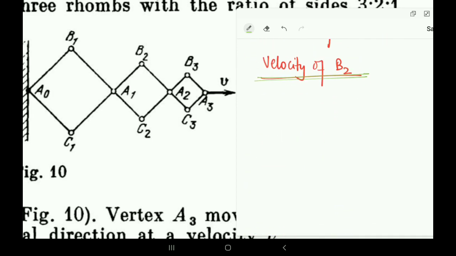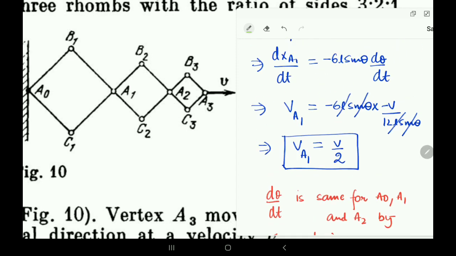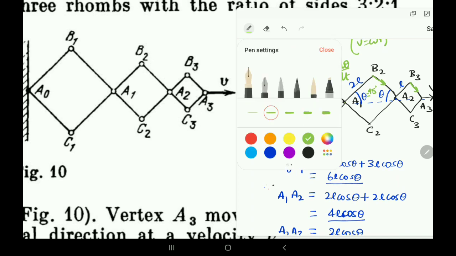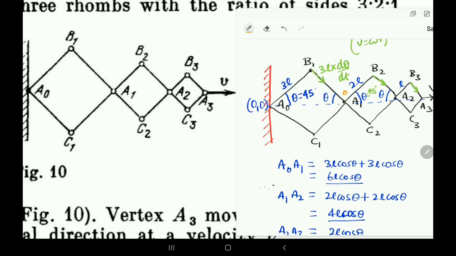So the velocity of B2 will be calculated with respect to the A1 joint. Alright, we'll go and sit on A1. So our frame will become A1. The frame is the A1 joint, and with respect to that joint we are seeing the movement of B2.